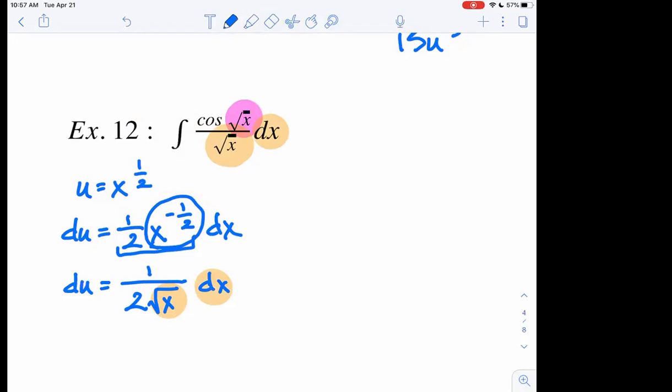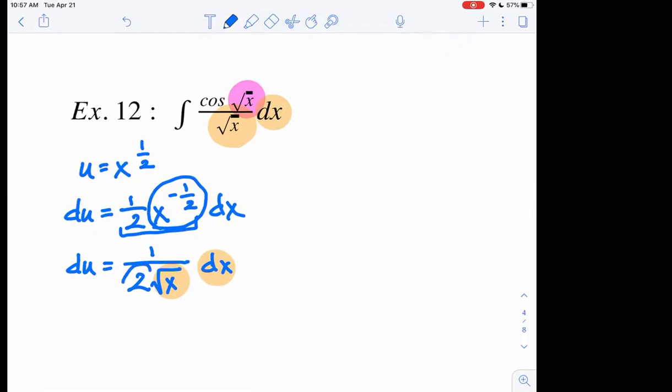So the only thing that I need to move over in this case is I need to get rid of that 2. So I'm going to multiply that 2 to the other side, and I'll get 2 du equals 1 over square root of x dx. Meaning that everything I highlighted in orange in the integral, I can replace with 2 du.